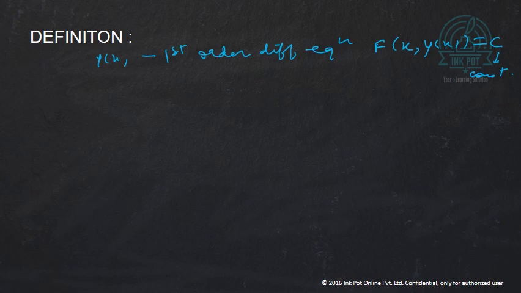Now suppose we are given such an identity, we can get the original differential equation by differentiating both sides with respect to x.